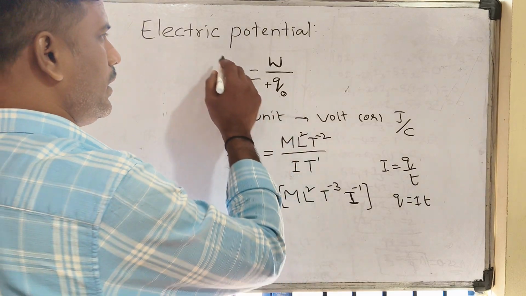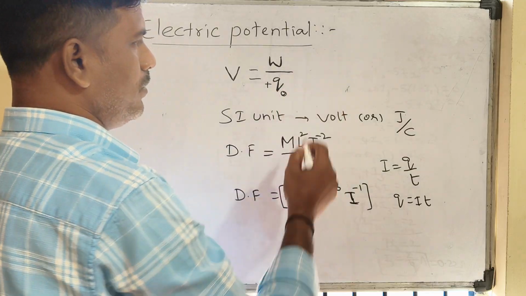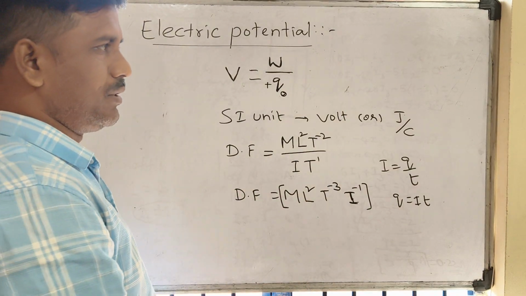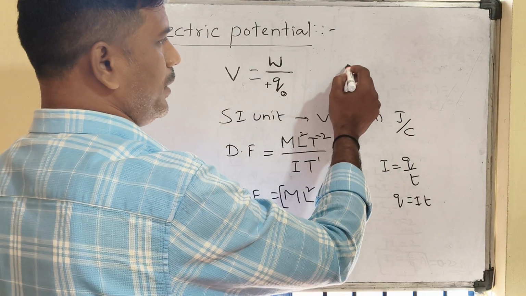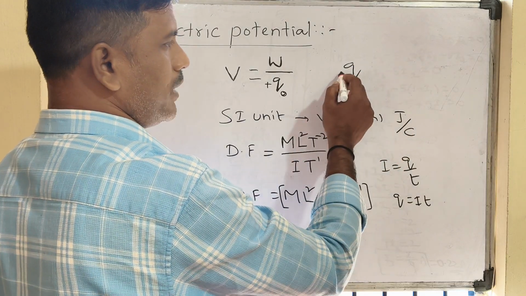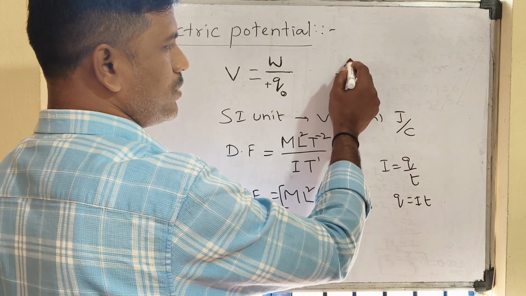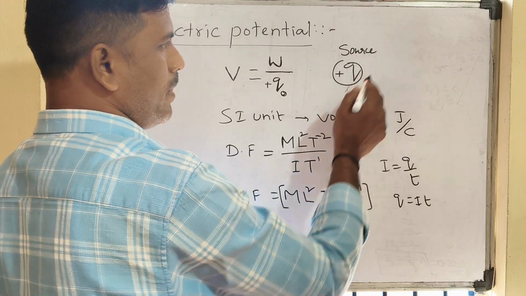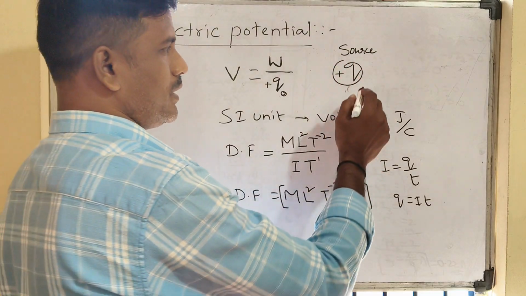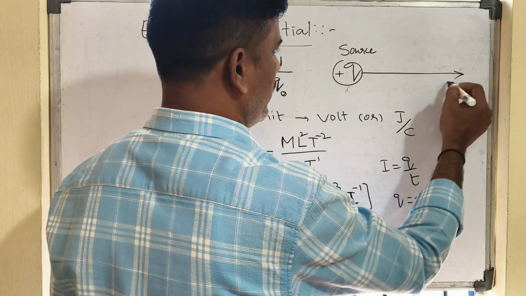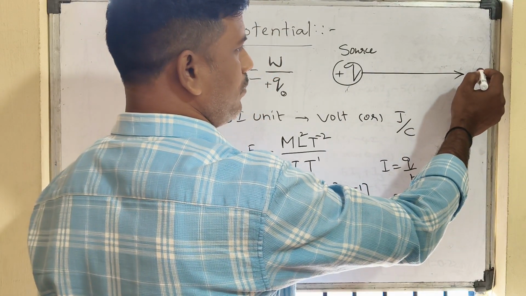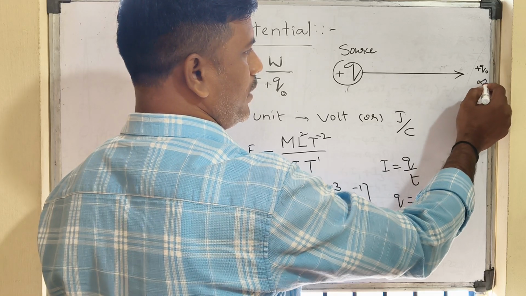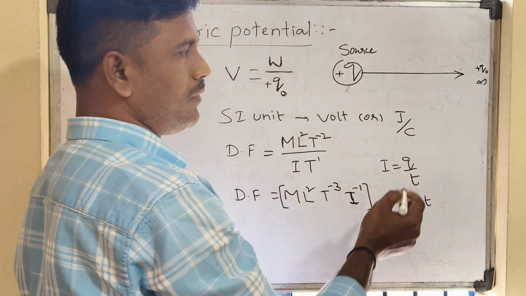Another theoretical definition: the amount of work done in bringing a unit positive test charge from infinity to a point, for example, in the field of a positive source charge which produces an electric field. Here one unit positive test charge is at infinite distance.